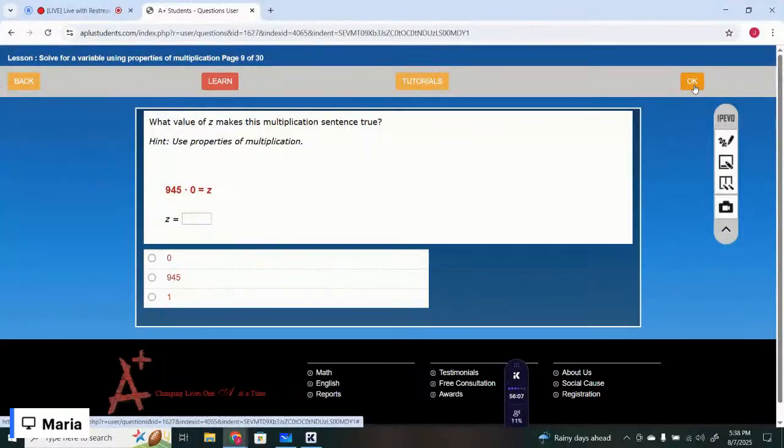What value of z makes the multiplication sentence true? Zero it is.